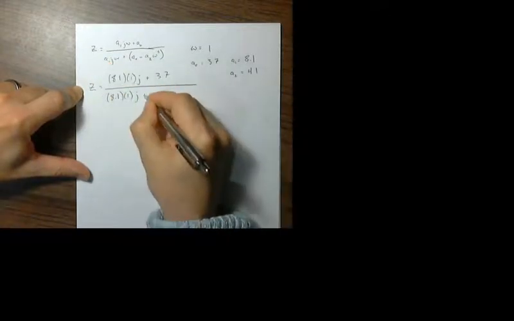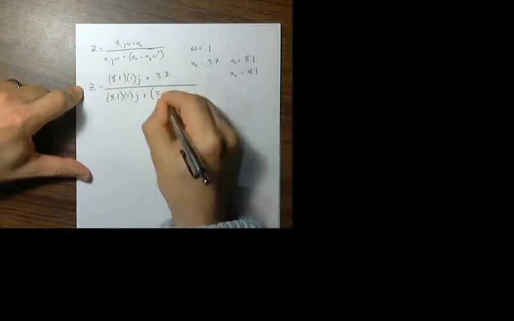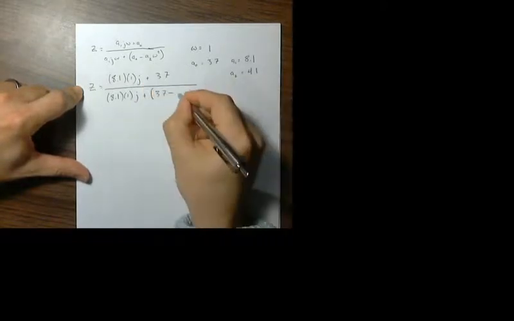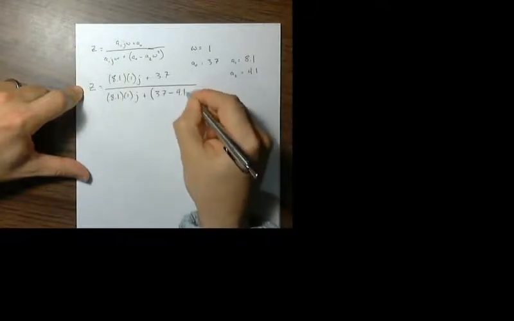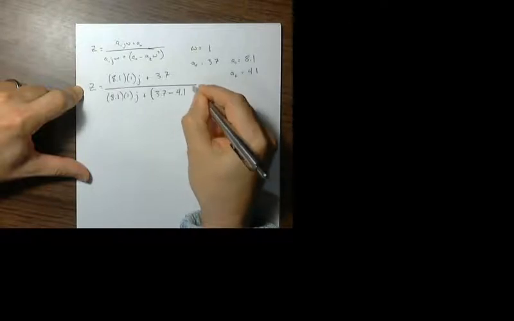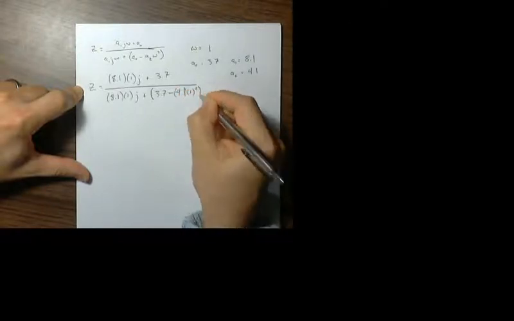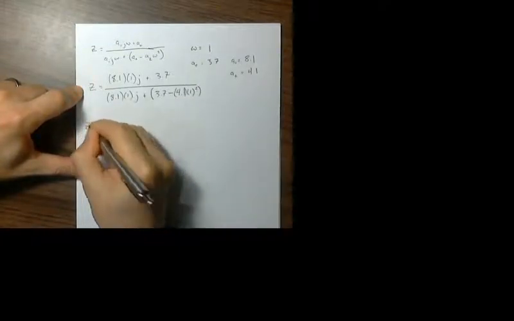All right, plus A naught, 3.7, minus A2 squared, 4.1, or times omega squared, which is just 1. There we go. All right, I can simplify that a little bit.